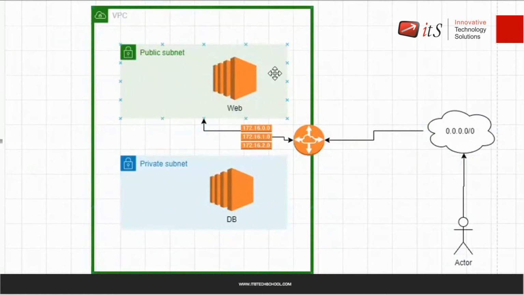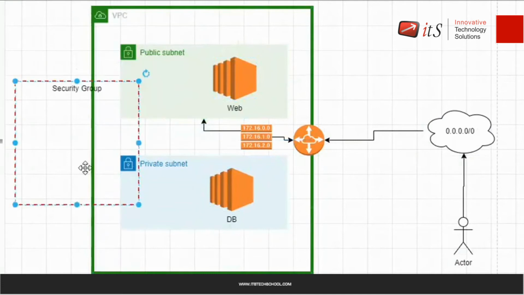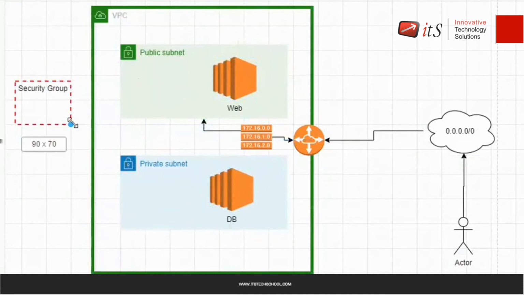So we have to configure the firewall for the web server and for the DB server to allow some specific requests. For firewalls, we have a service called security groups, which works like a firewall, right? So this is my firewall. What will we need?